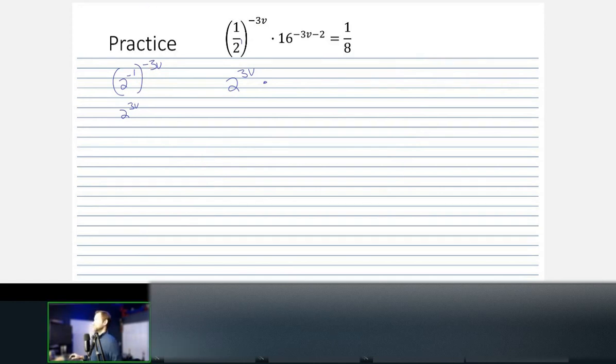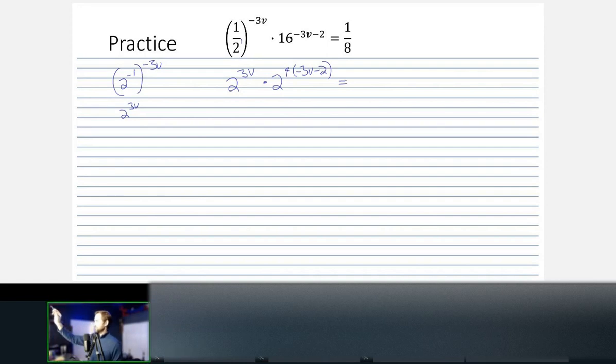All right, 16. So 2 to what power is 16? Yeah, 2, 4, 8, 16. So 2 to the fourth, right? Yeah, 2 to the fourth. And then we already have the negative 3v minus 2. And then 1/8.